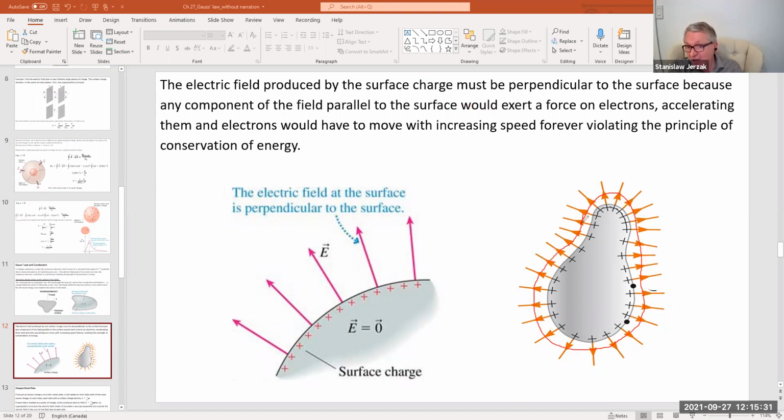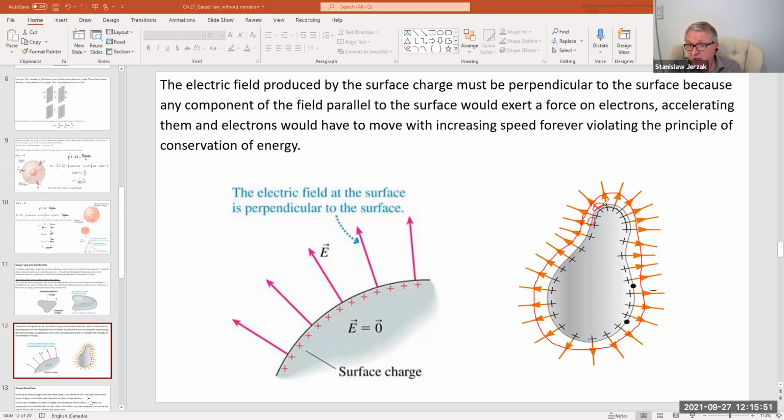But then calculating the flux through this Gaussian surface would be very complicated, because the electric field at different points would have different magnitude. As you will see later on, the surface charge density, the density of charge on the outside surface, is not constant.